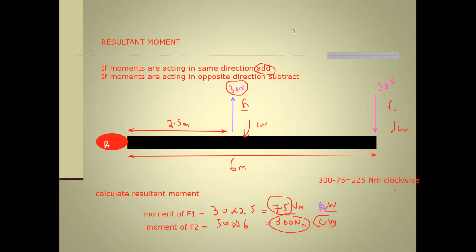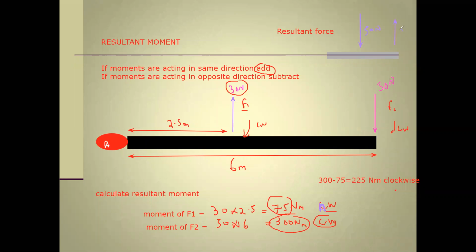If the question was what is the resultant force, not about moment, resultant force, how will you identify the resultant force? In this example, 50 Newton is acting down and 30 Newton is acting up. What is the resultant force?